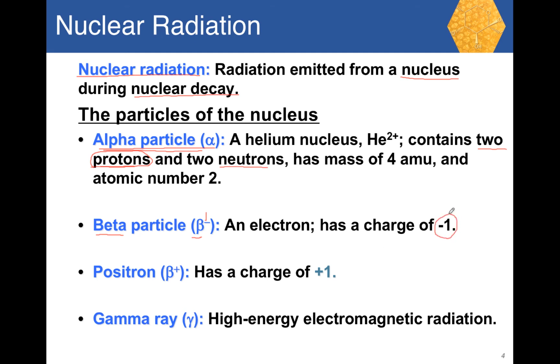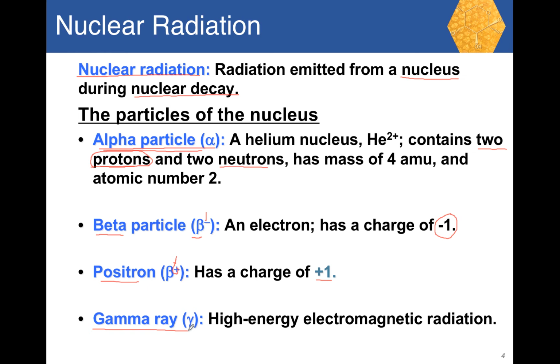As you saw from the previous experiment, it was attracted towards the positive electrode. Another particle he observed was the positron. Notice again, it has a positive charge. And another aspect that he observed was the gamma ray.